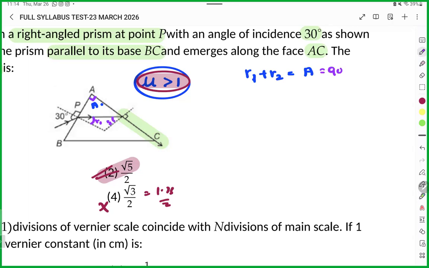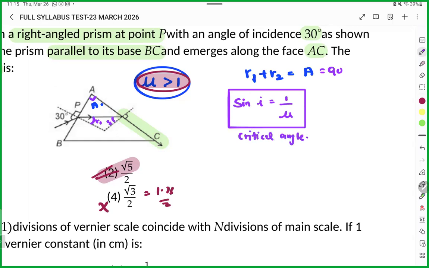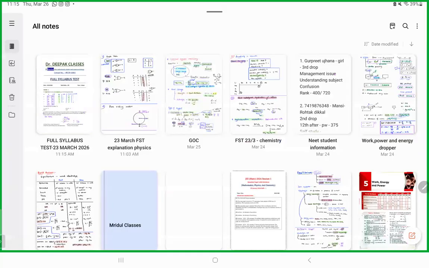So R1 plus R2 will be equal to 90 degrees. We know in this case sine i is equal to 1 by nu, total internal reflection, critical angle. Any doubt? I will write it here. This concept is important.